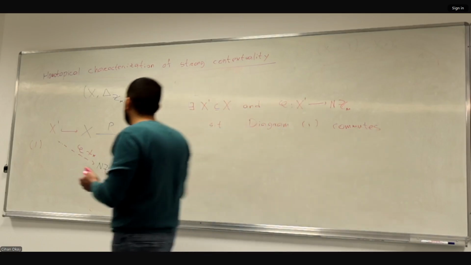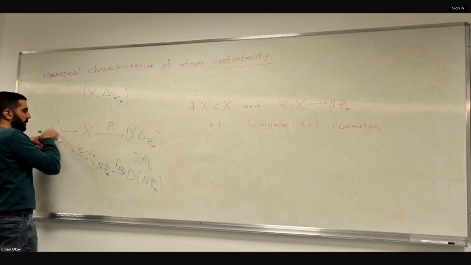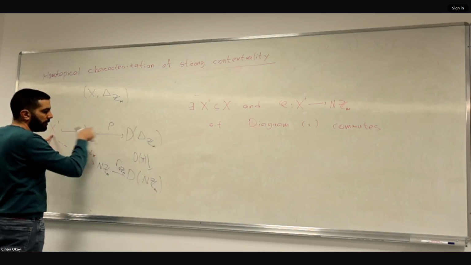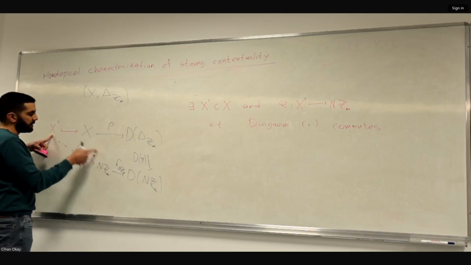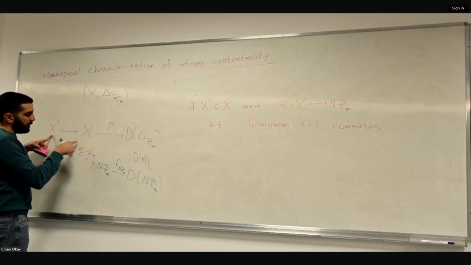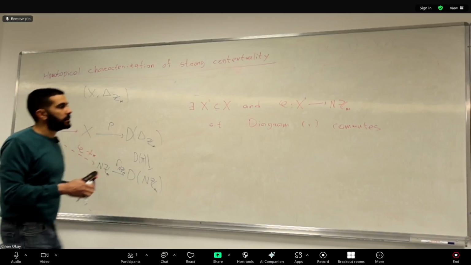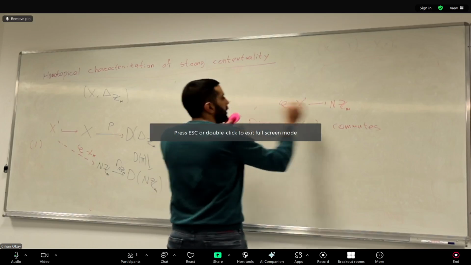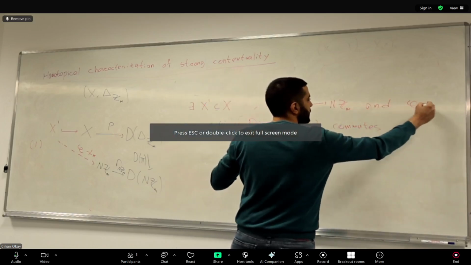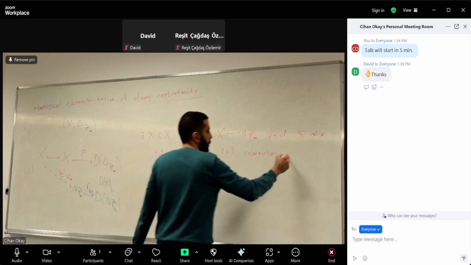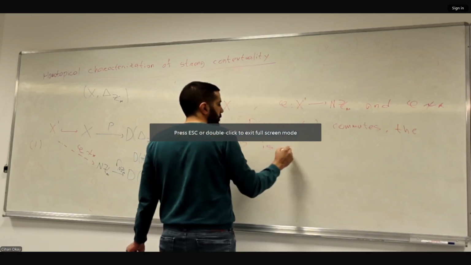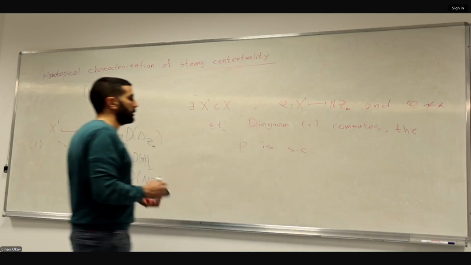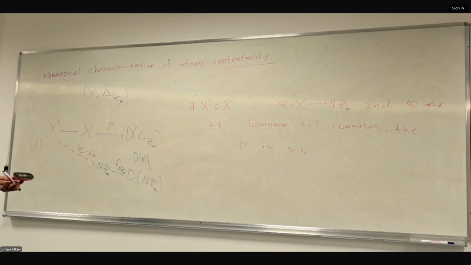That means the restriction of P on this subspace, when we go down to the nerve, will be deterministic, but coming from a not null homotopic map. If the diagram commutes, then P is strongly contextual.